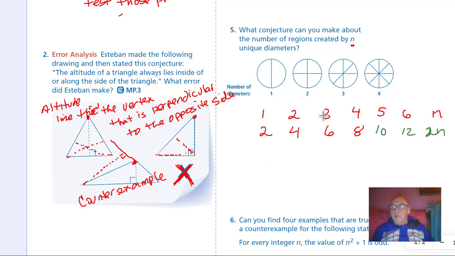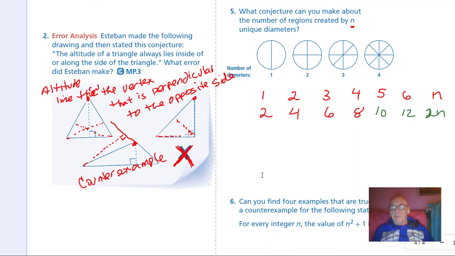So 2 times n, 2 times 3, 6. If we had 100, we'd have 200. So 100 diameters would give us 2 times 100, or 200 unique areas. So this one we could see directly from the initial table what the pattern was.